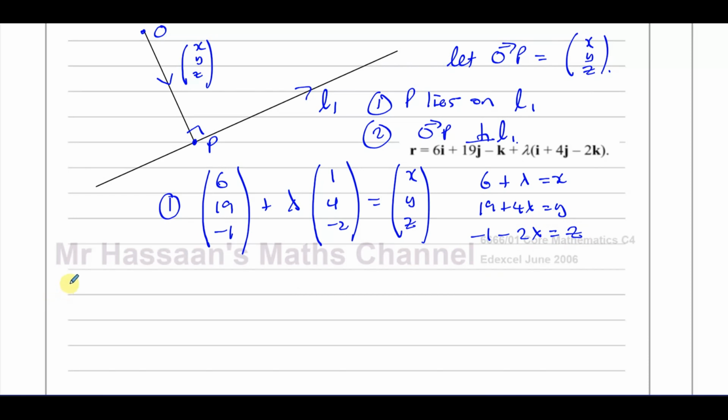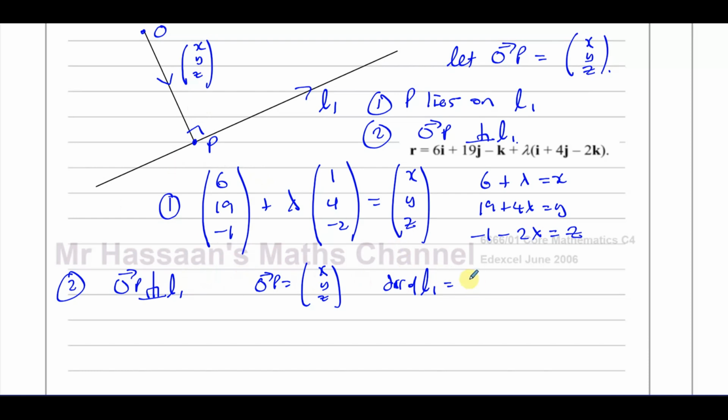Now the second piece of information is that OP is perpendicular to L1. So I know that OP is equal to XYZ, and I know the direction of line 1. We don't care about the position vector of it, we care about its direction. We're talking about perpendicular vectors, so we care about their direction.